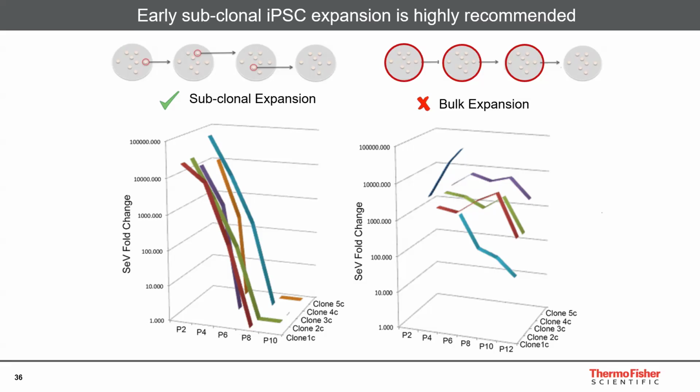The reason, again, is that these cells are finicky. Not all of them are going to behave well. Some of them might differentiate, some might have genetic defects or abnormalities because of the reprogramming process, and we don't necessarily want to use these. So we pick multiple clones from each reprogrammed sample.